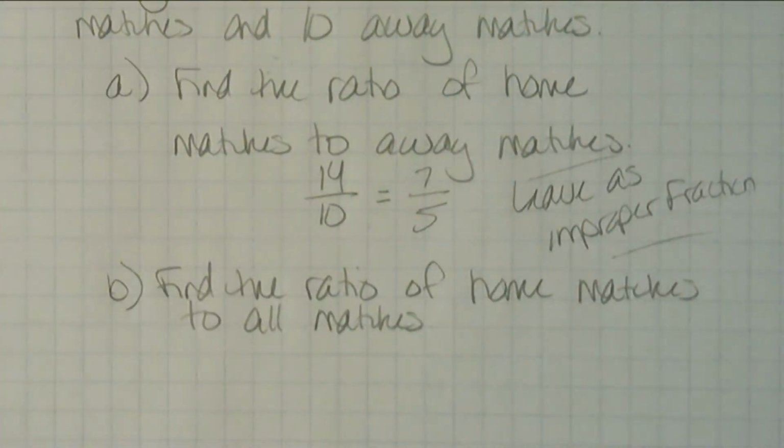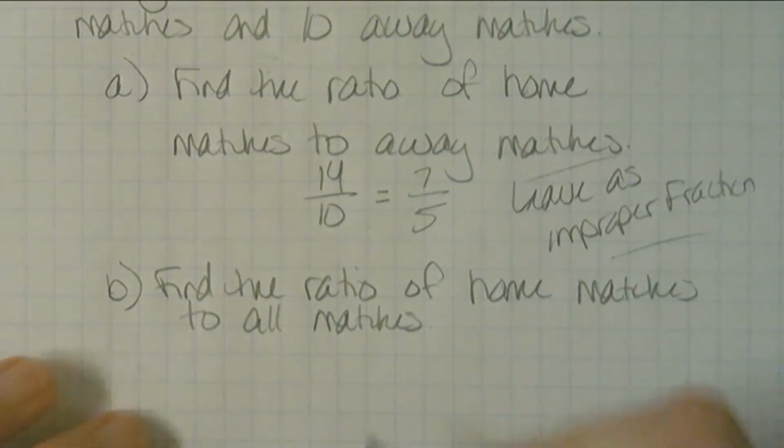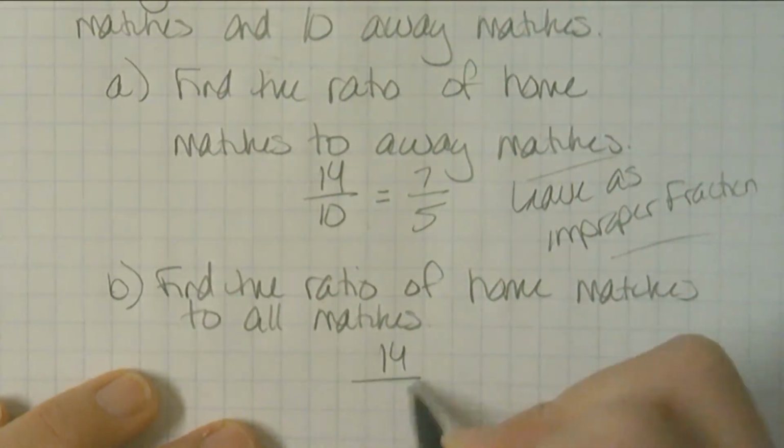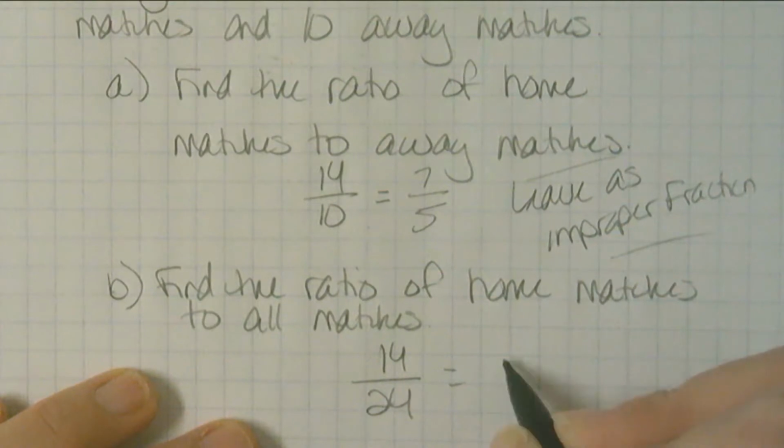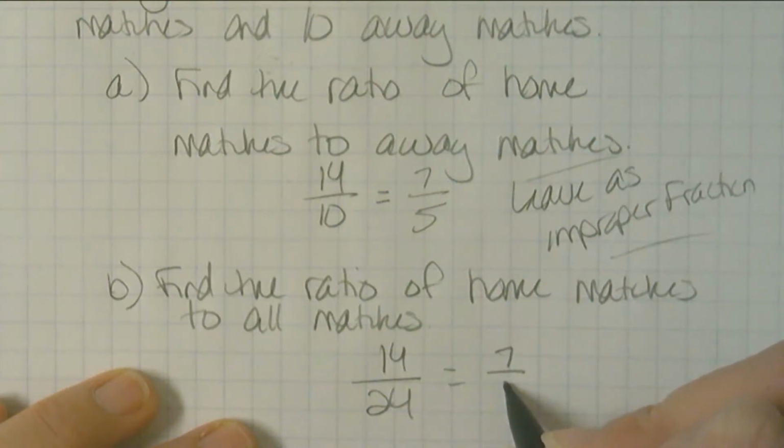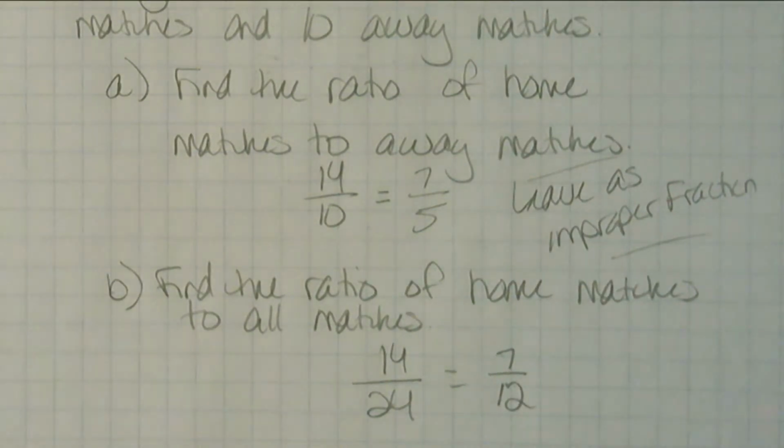Somebody do the second one for me. Al? 14 out of... Excellent. And then simplify that. 7 out of 12. Yep, that's right. I know, you made me rethink it.